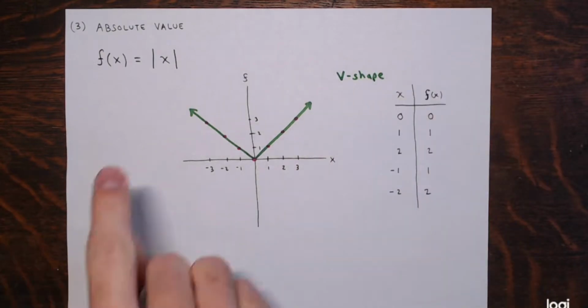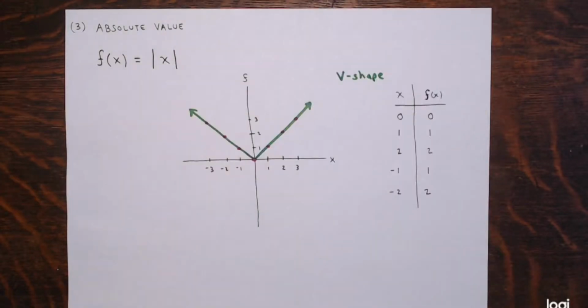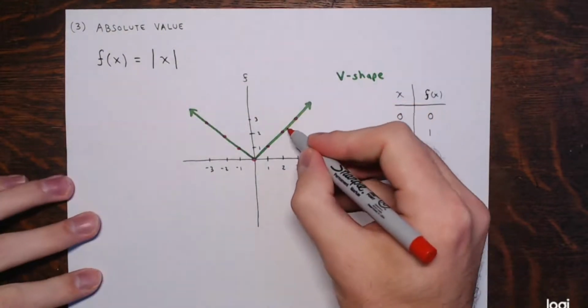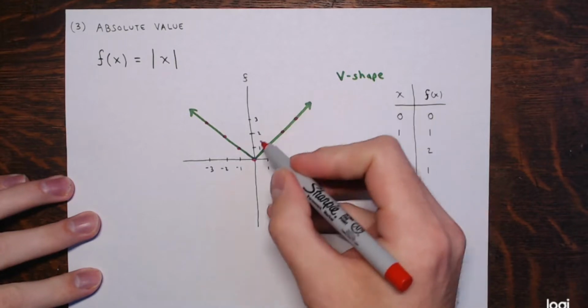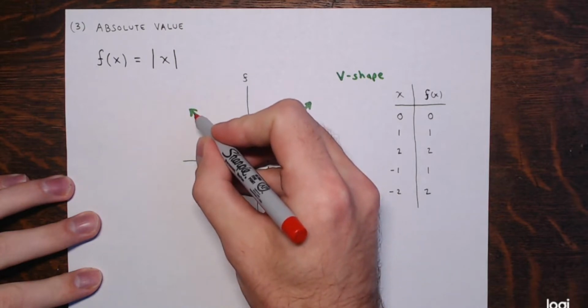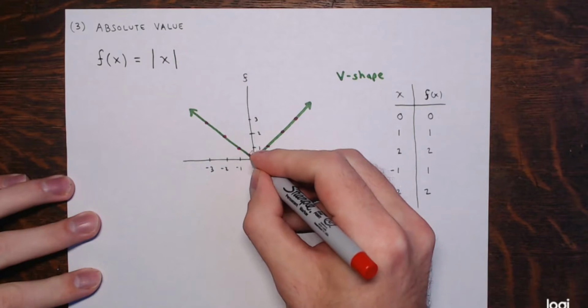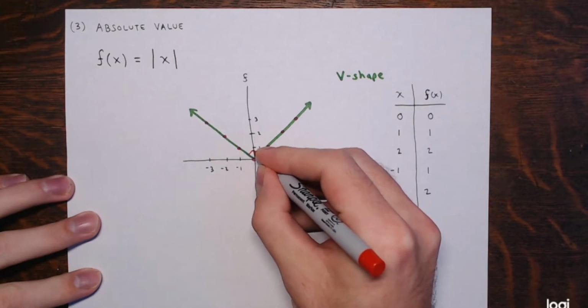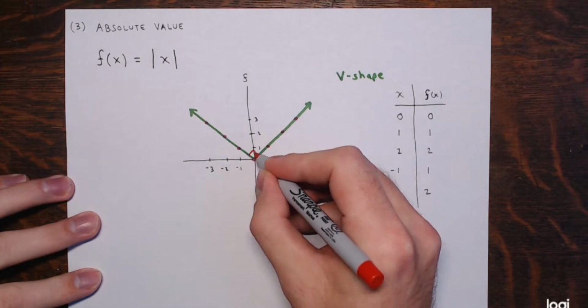For the absolute value of x, this ray on the right side has a slope of 1. This ray on the left side, this part of a line, has a slope of -1. So these are actually perpendicular. I put a little 90-degree symbol here.